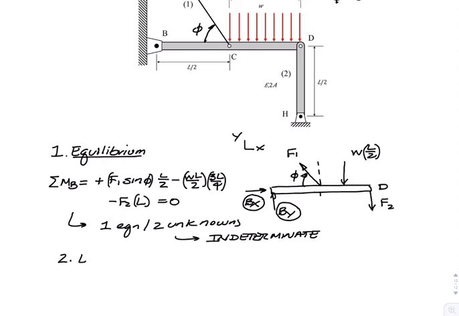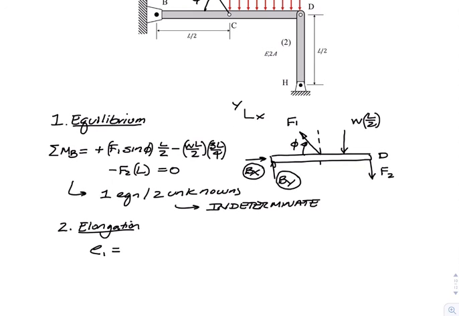My elongation equations. So keep in mind that the member 1, the cable, is going to have extension due to the mechanical loads there of F1.